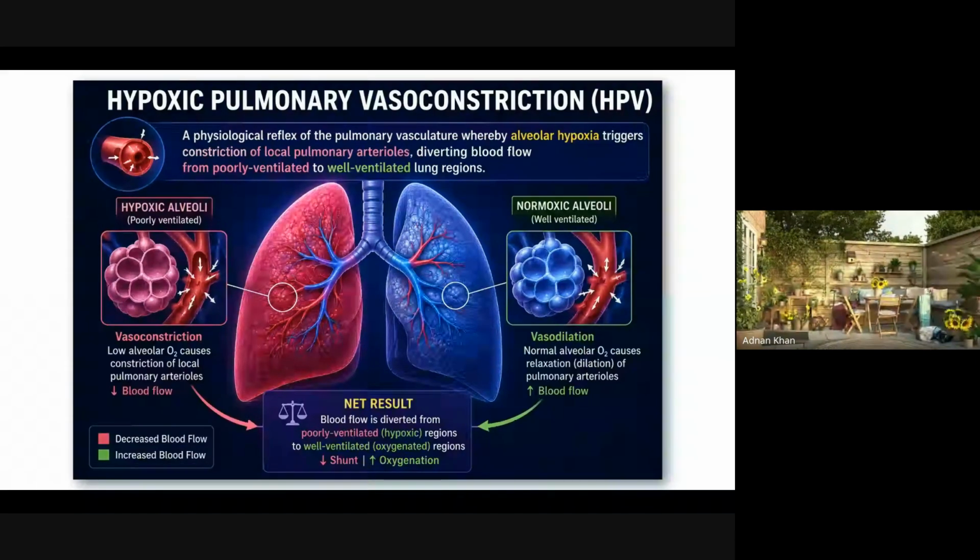As you can see on the left side of the slide is the hypoxic alveoli, which is poorly ventilated. It leads to vasoconstriction, diverting the blood flow from the hypoxic region to a well-ventilated oxygenated region, and the net result is a decrease in shunt and an increase in oxygenation.